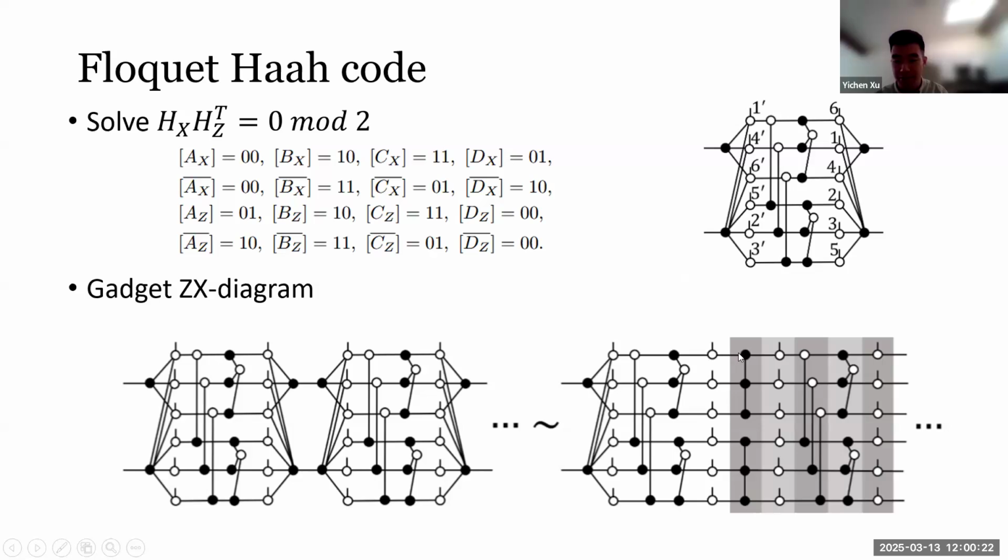Since they overlap, can you do them together in one step? I don't know, it's kind of an engineering issue, right? If you have hardware that supports native pairwise measurement, then maybe it's parallelizable.